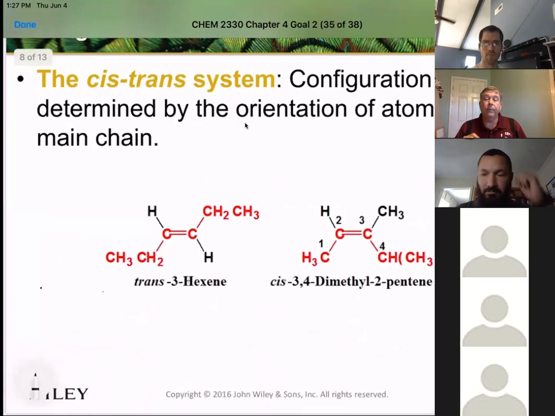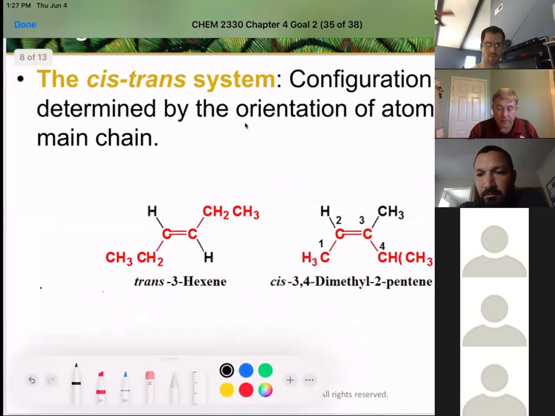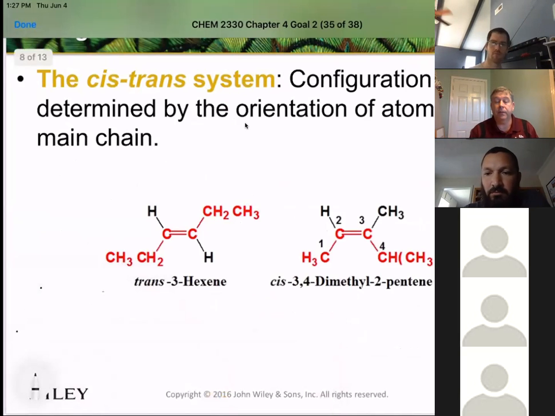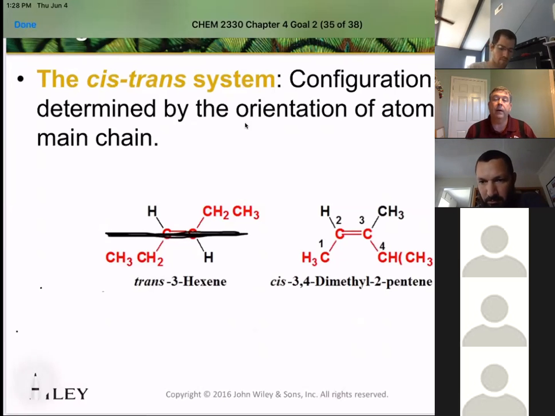So if we have the double bond inside a chain, and so it only has one carbon bonded to each side, we have cis-trans isomerization, okay? Now, when we do the EZ, we have two different axes to play with. When we do cis-trans, all we care about is the first axis. In cis-trans, we have the first axis, which is the axis created by going through both carbons of the double bond.